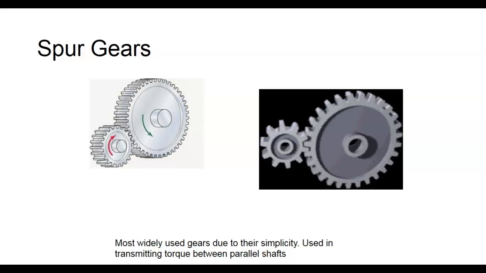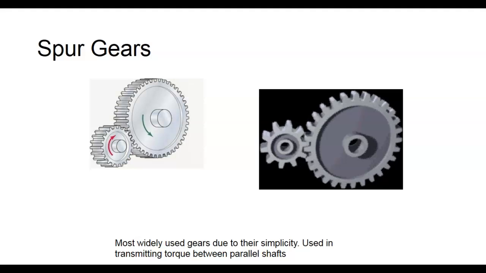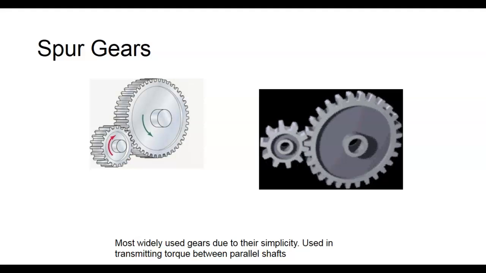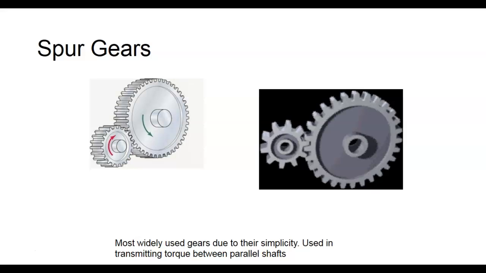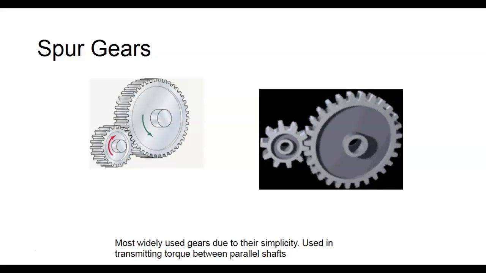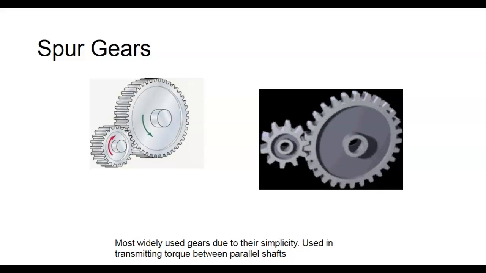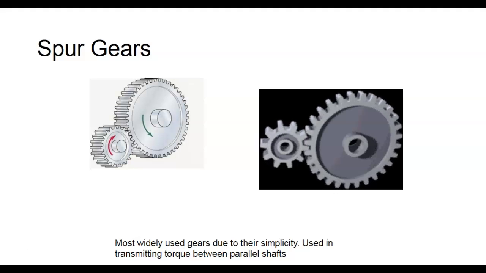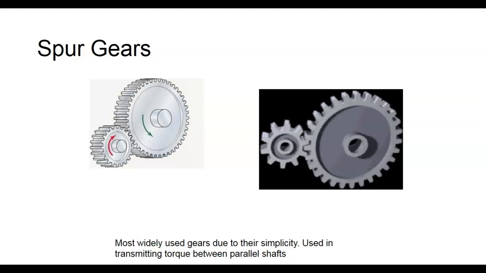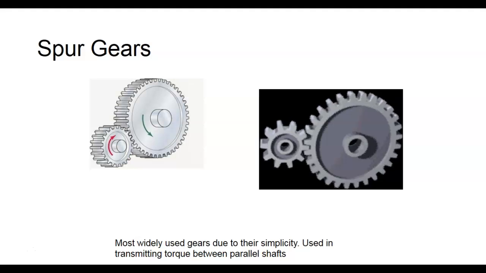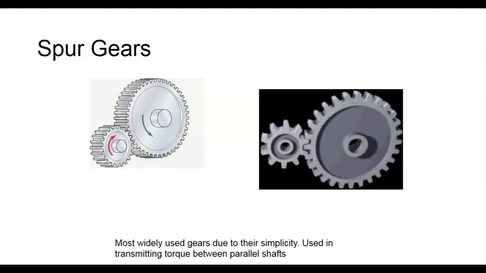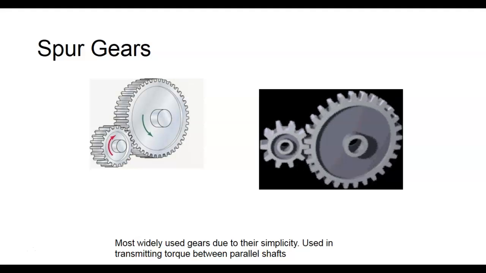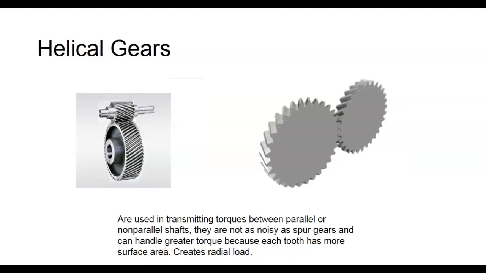How much do we get out compared to how much we put in? And then your speed multiplier will always be the inverse. So if you got the mechanical advantage and you wanted the speed multiplier, you just take the reciprocal of it and that will give you your speed. So these are helical gears.